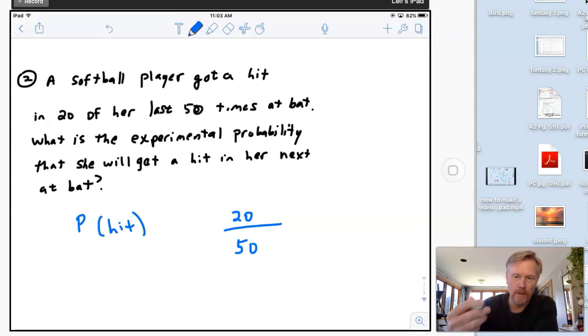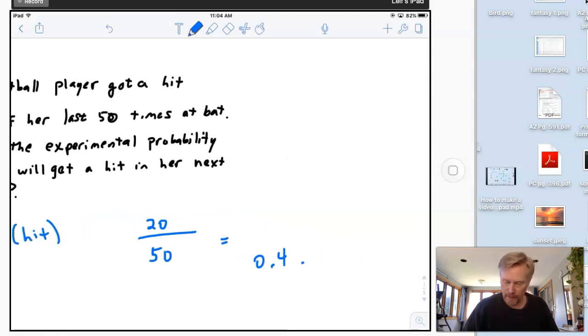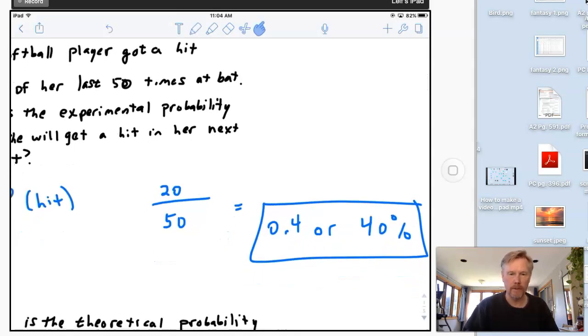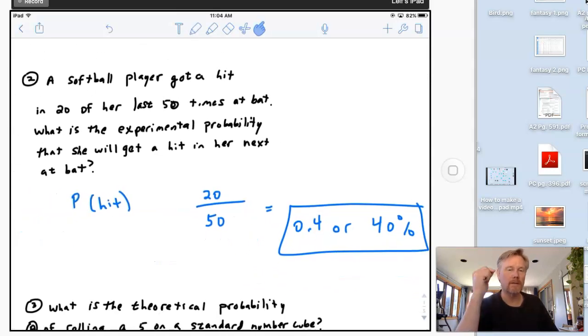Now you're making a prediction based on that, which means if I take my calculator and go 20 divided by 50, I get 0.4. Or if I multiply that by 100, I get 40%, which is also 2 out of 5 as a ratio, but usually, like I said, we're using decimals and percentages. All right, so that's that.